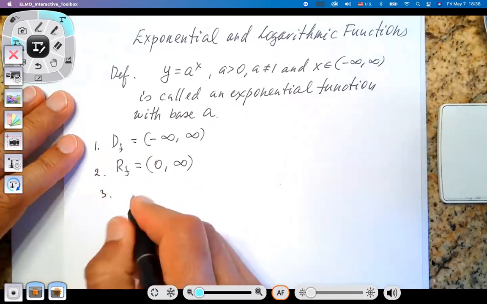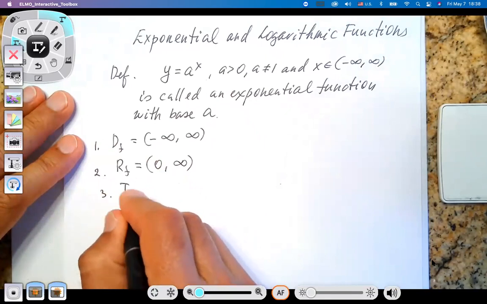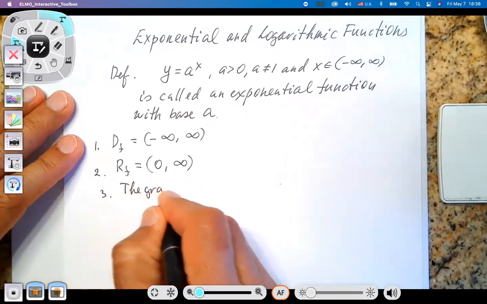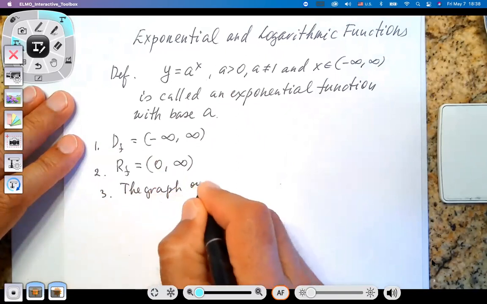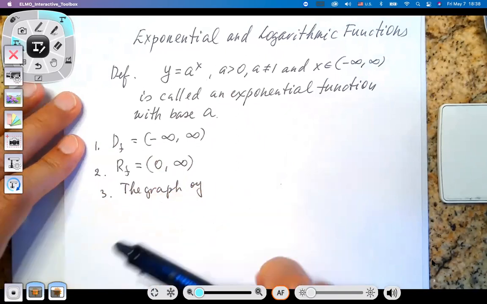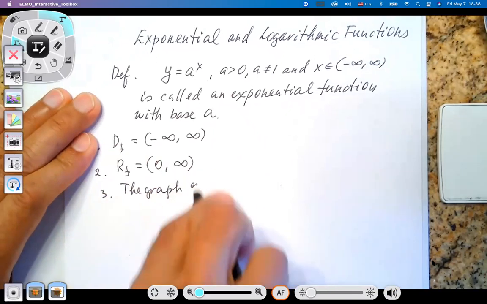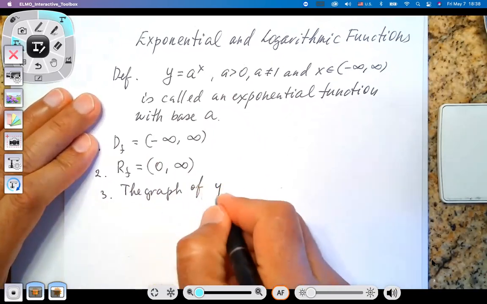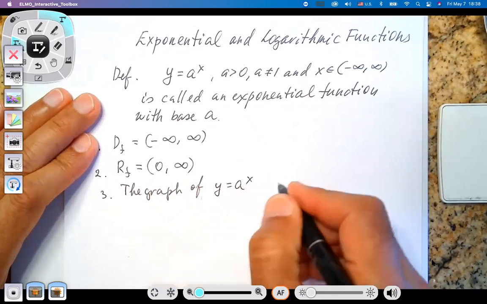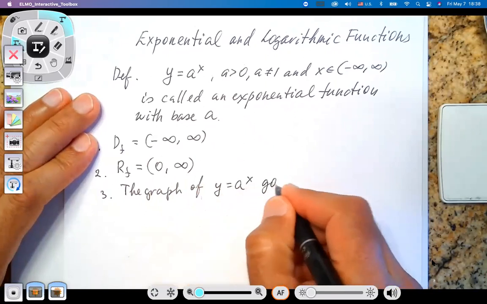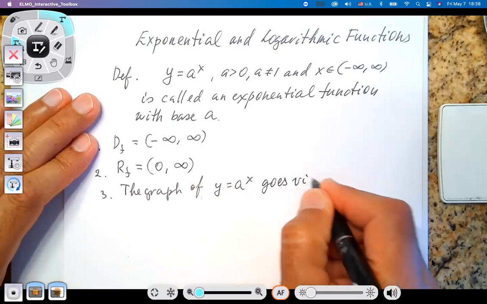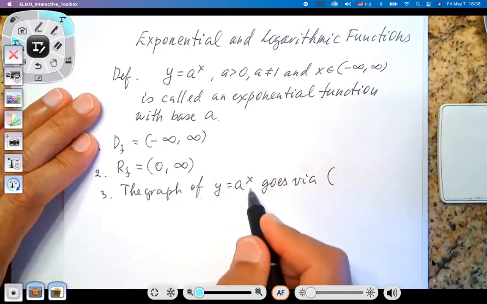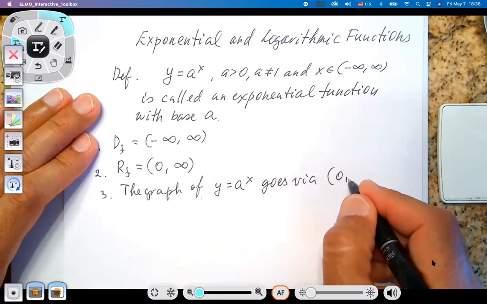And the graph of y equals a to the power x goes via, if x is 0, y is 1.